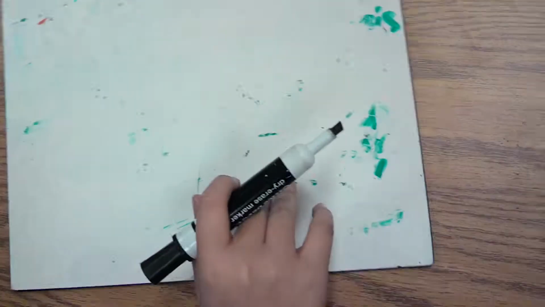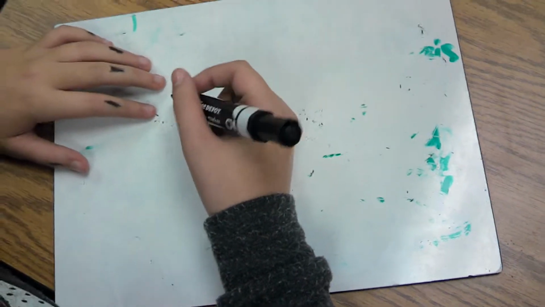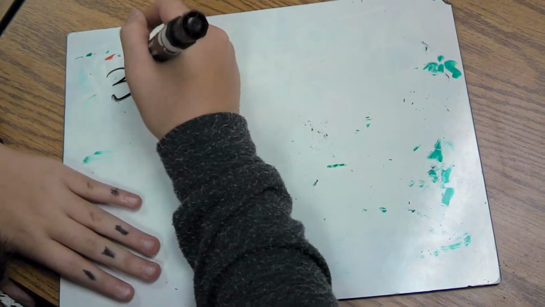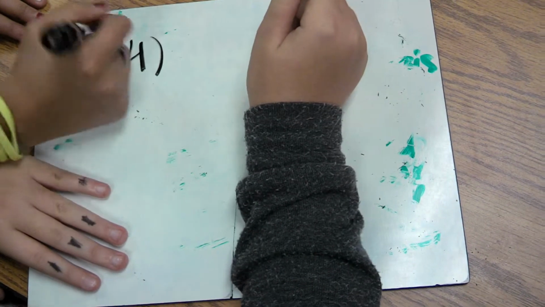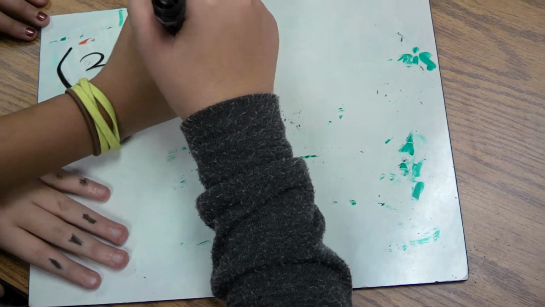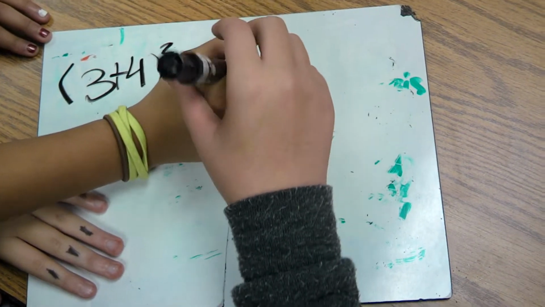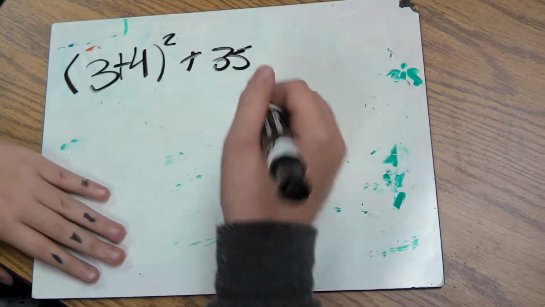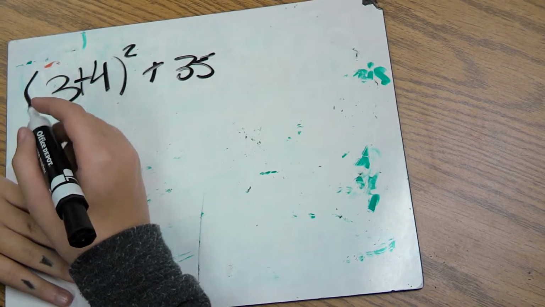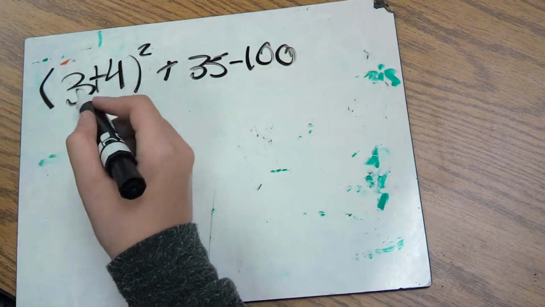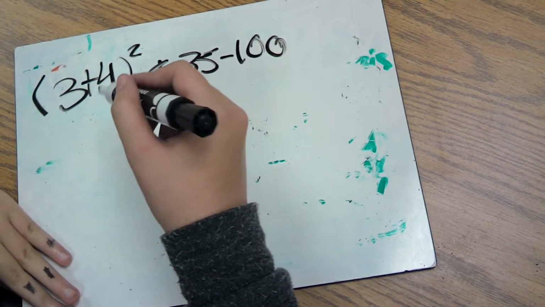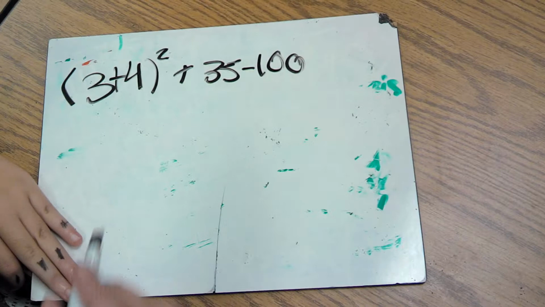Our last example would be 3 plus 4 to the power of 2 plus 35 minus negative.